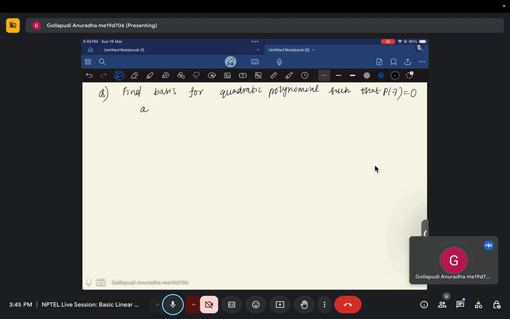So what you can do here is write a quadratic polynomial in this way, so this is your P2. Then P of 7, meaning x is 7, gives a plus 7b plus 49c is equal to 0, because P of 7 is given as 0.